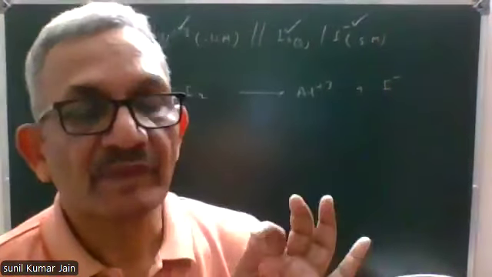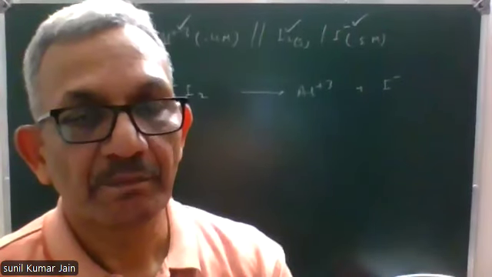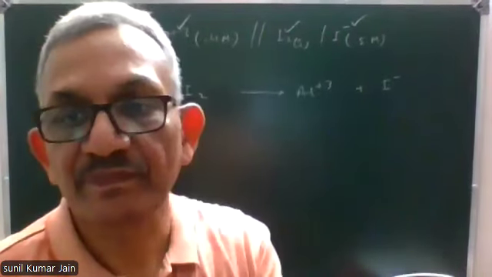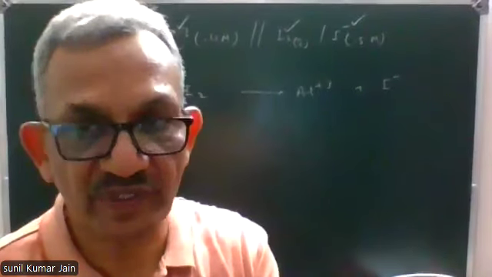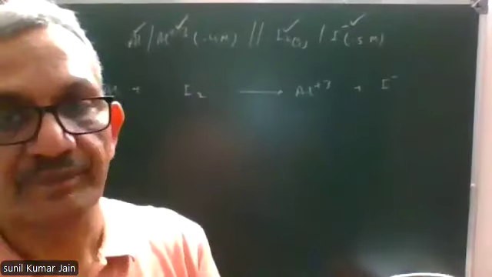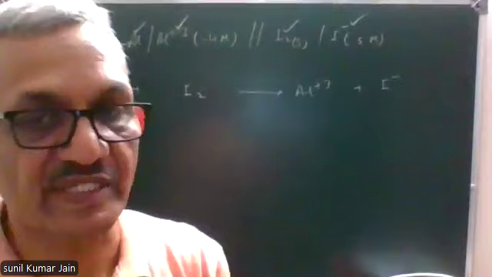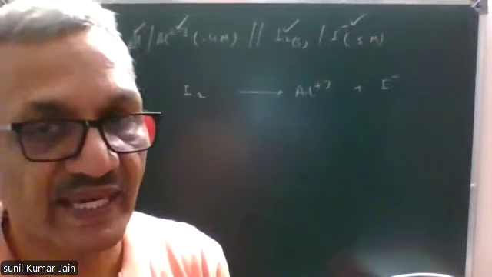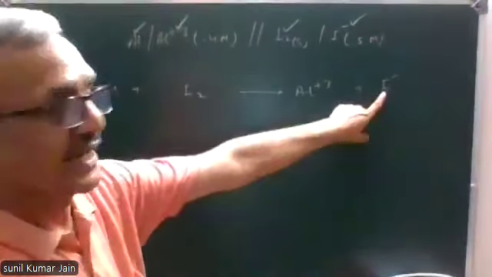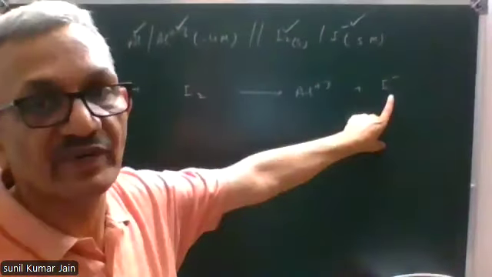Listen carefully, because balancing for you may take time. And if balancing is wrong, everything goes wrong. First of all, make number of atoms equal on both the sides. Iodine on the left, there are 2 atoms. On the right, there is only 1 iodine.